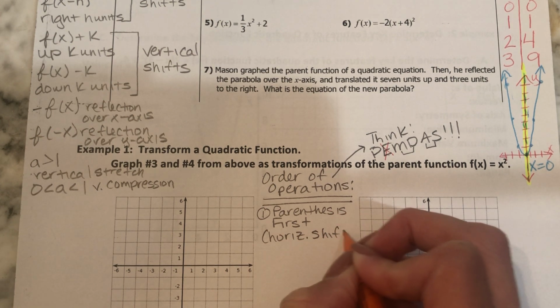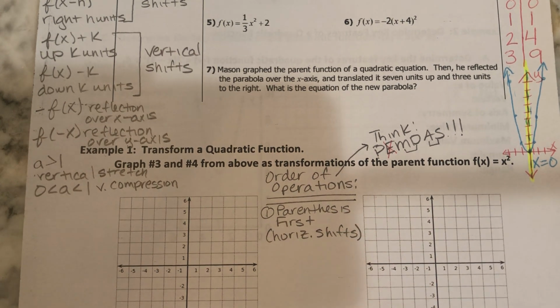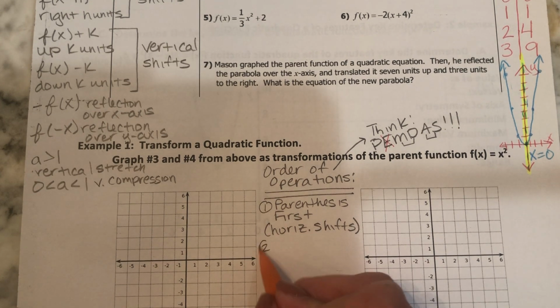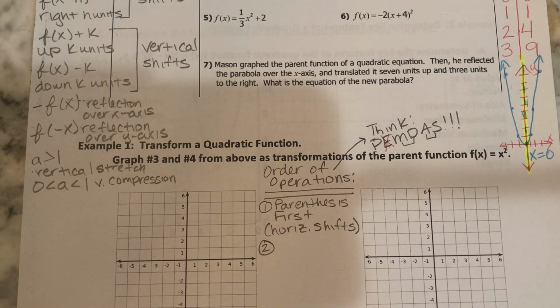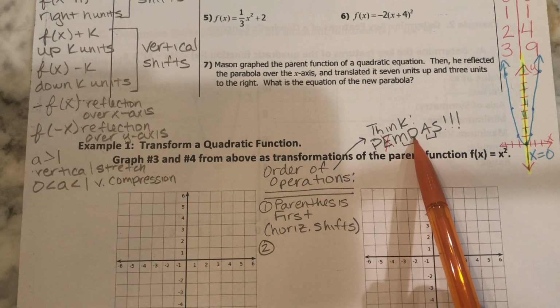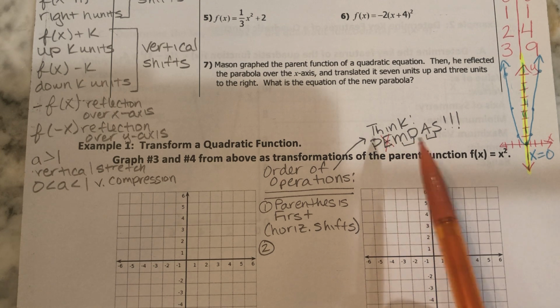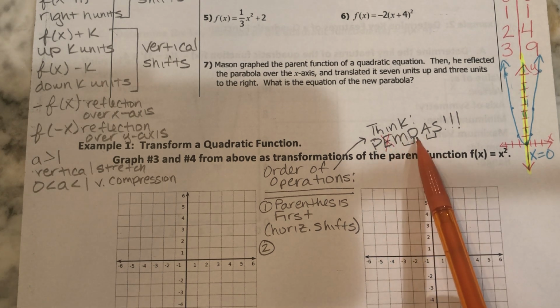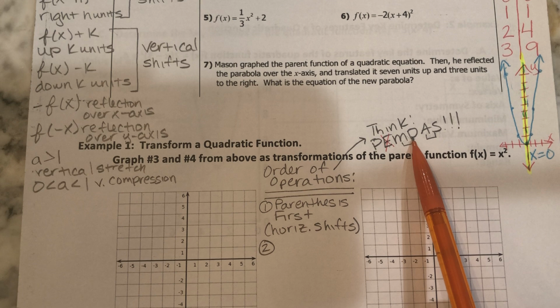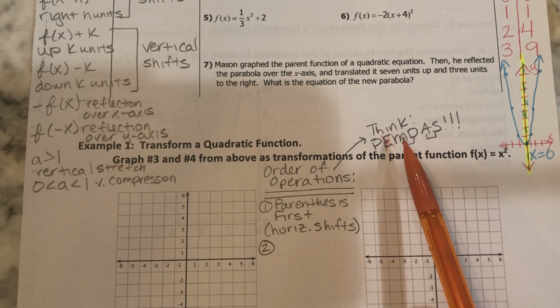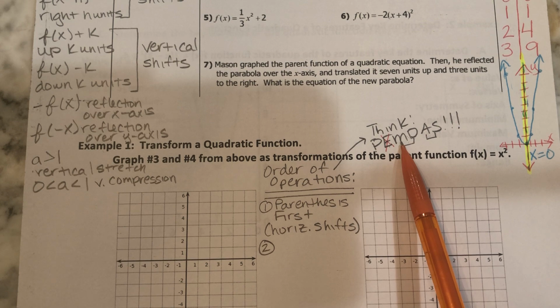Horizontal shifts, okay? And then second, after we take care of our horizontal shifts, we're going to do multiplication and division. So for this class, we're only dealing with multiplication. Division would be your horizontal stretches and compressions, but we're only going to be looking at vertical stretches and compressions.